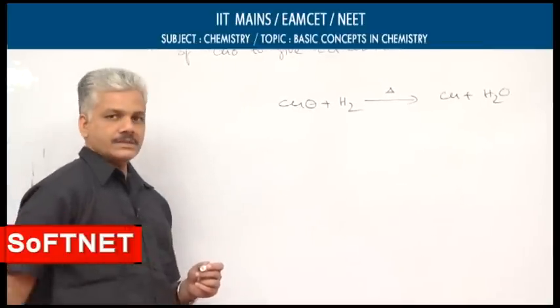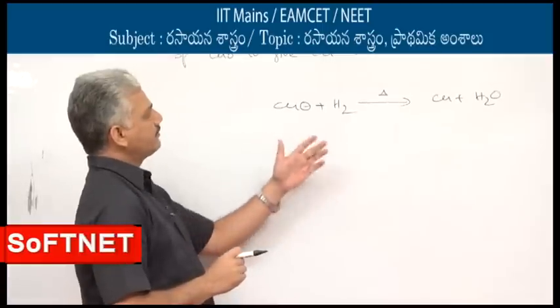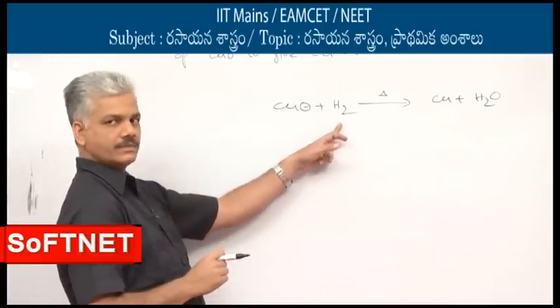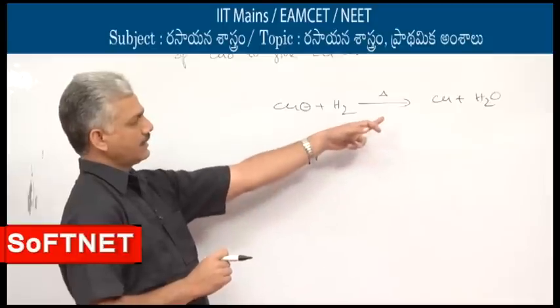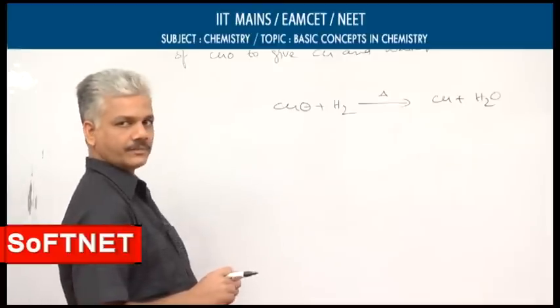It is a balanced equation, you need not balance it further. As per the balanced equation, 1 mole of copper oxide will be reduced by 1 mole of hydrogen, and we will get 1 mole of copper and 1 mole of water.